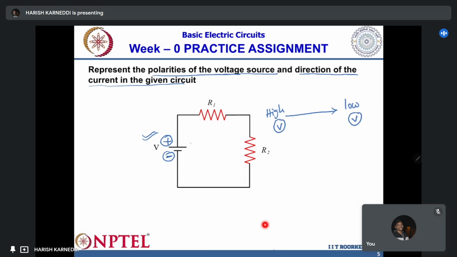Therefore, the current flows from the positive terminal to the negative terminal. So we identify the voltage polarities and the direction of the current, which is the clockwise direction. Like that, we can identify polarities of the voltage and current.